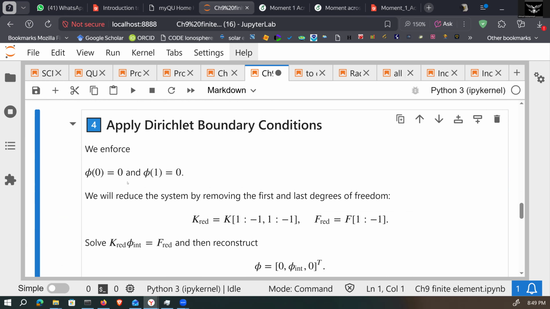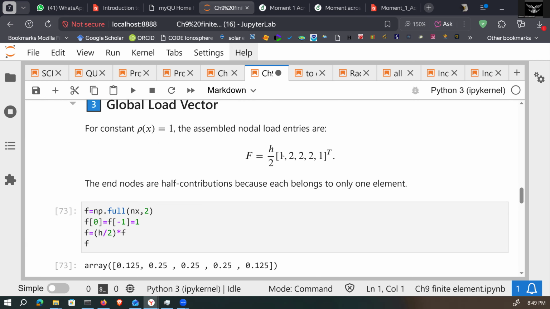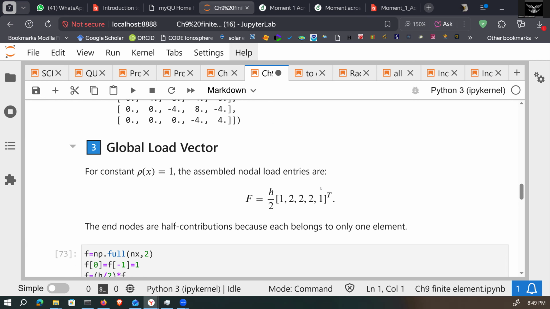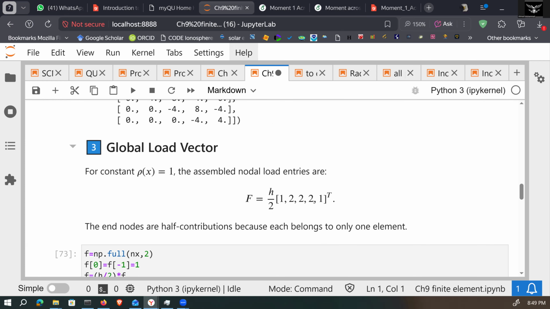The boundary conditions are psi of 0 equals psi of 1 equals 0. This is telling you that the value here and the value here are zero. So when you generate the psi, it will be only for these inner guys, but it's 0 here and 0 here.